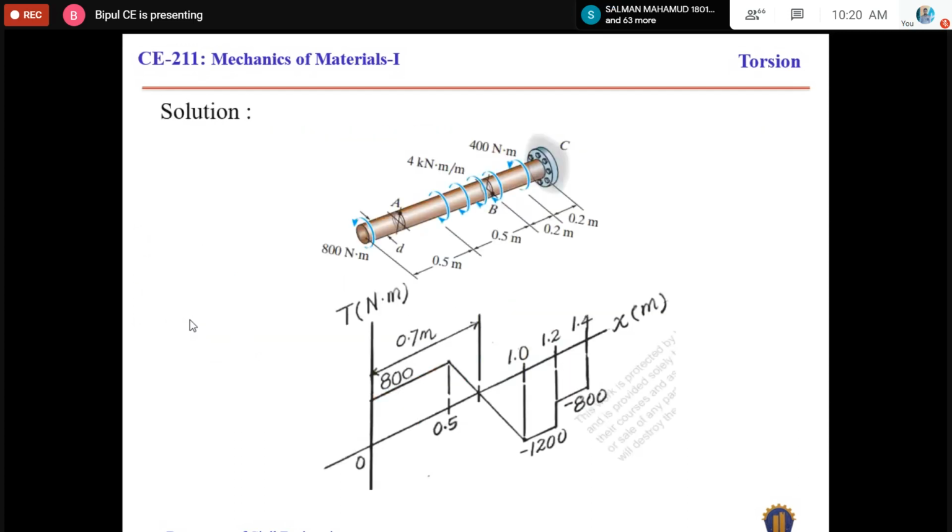So along the length of the shaft, the maximum torsion is here. So the maximum stress will be developed at this location or in this zone. In this zone, the maximum shear stress will be the same.